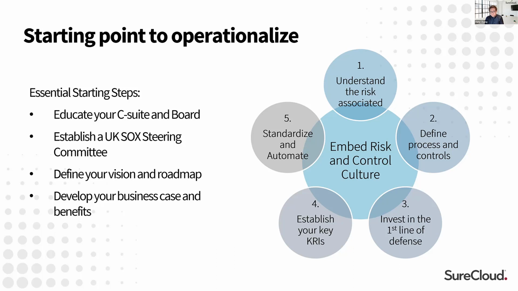And that business case, we highly recommend, should be about how you embed SOX into the wider compliance and risk landscape. Now, embedding risk and control culture, I'm not going to go into details, but really step one is to understand the risk associated and then define your control. This is something some organizations overlook when it's a regulatory requirement.